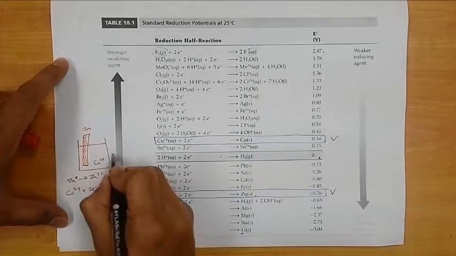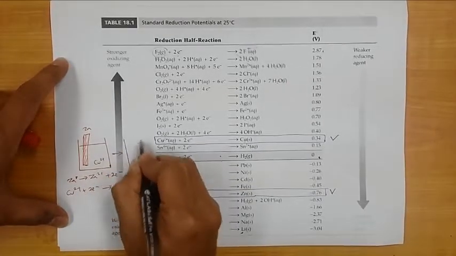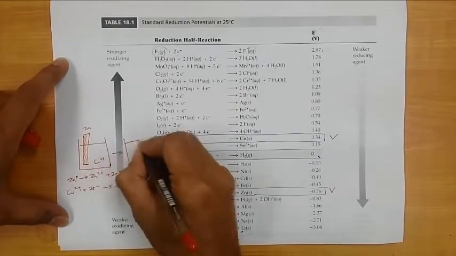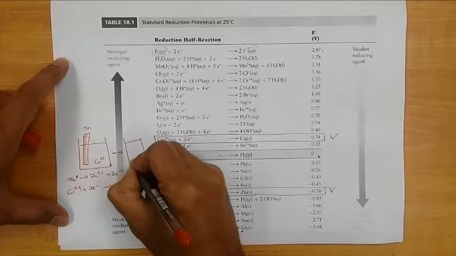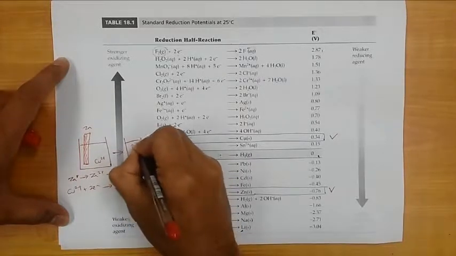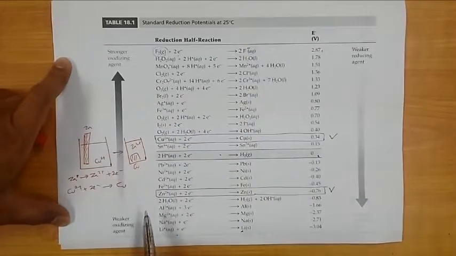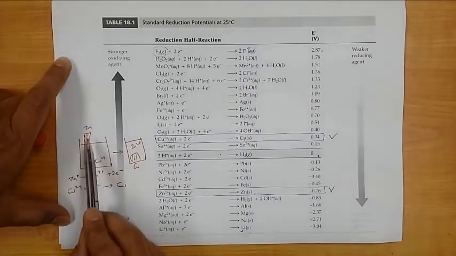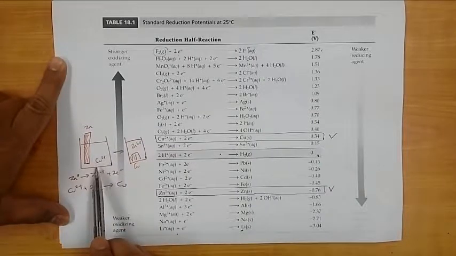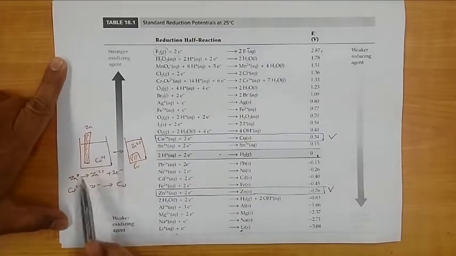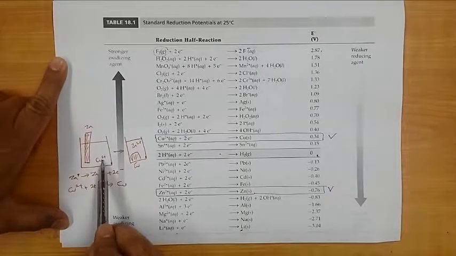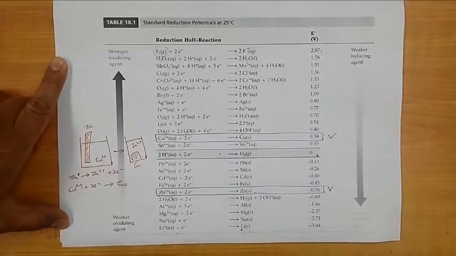So over time the zinc will dissolve, and you will have copper metal and zinc 2+. Again, if you dip zinc metal into a copper 2+ containing solution or electrolyte, the zinc will give its electron away to copper 2+, and the copper 2+ will be converted into copper.